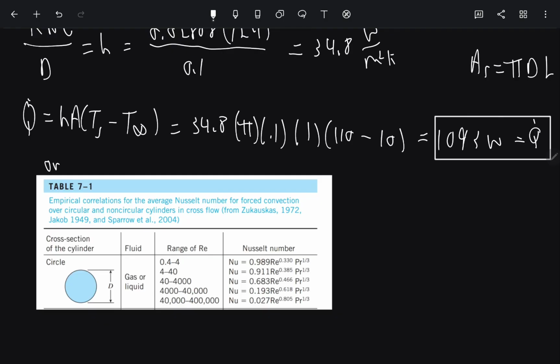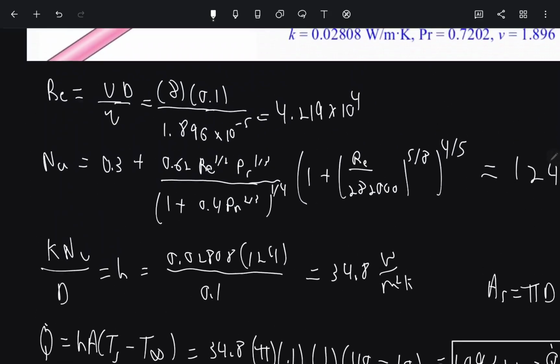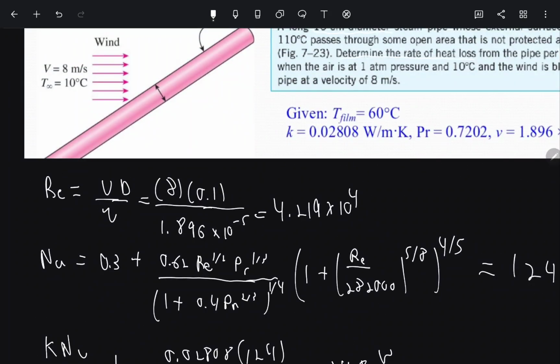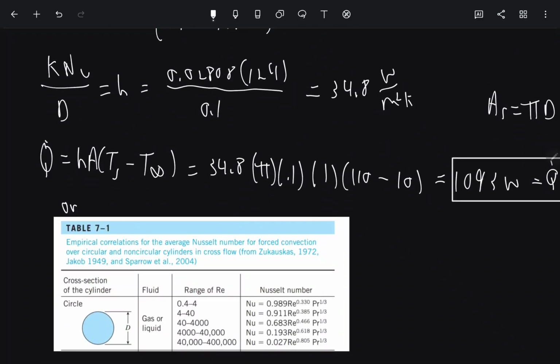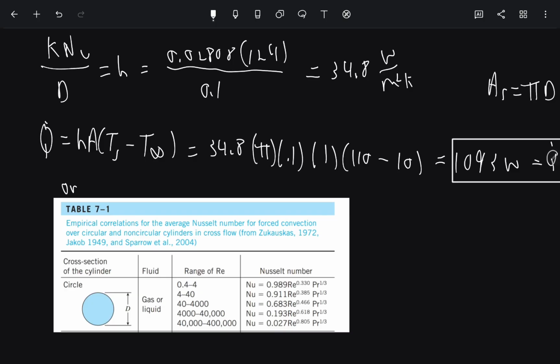So there's a much simpler formula based upon this table, but this is only for cylindrical pipes. So we first see that this is a circle, a circular pipe. If this was a square, we would look at the square or a pentagon or something. But we see that this is a circle, so we go to the circle section of the table.